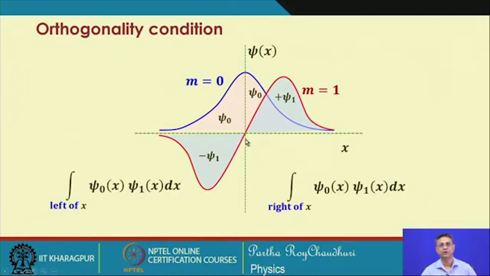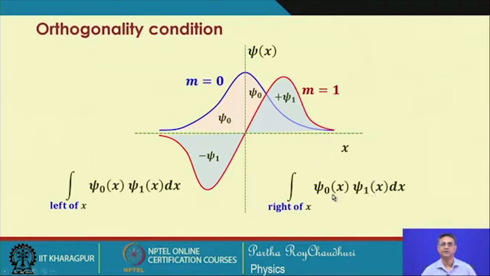So, this quantity multiplied by this quantity, the area under this, will be the same as this quantity multiplied by this, because across this line, the left hand side area and the right hand side area are the same.